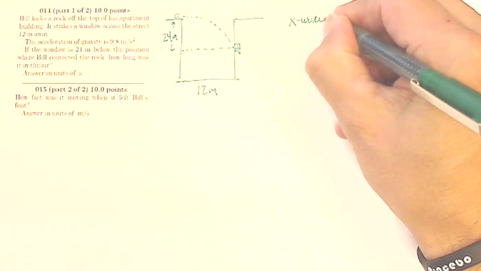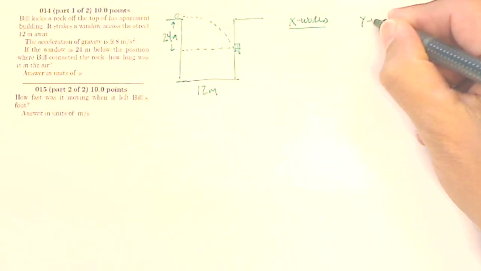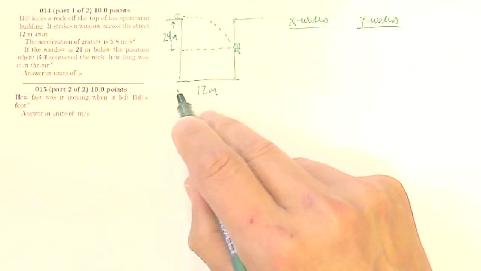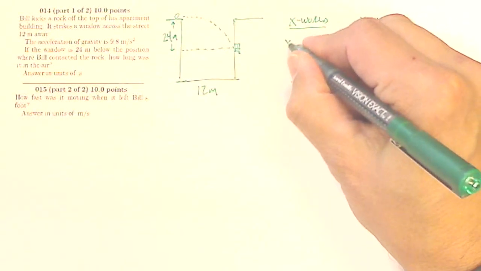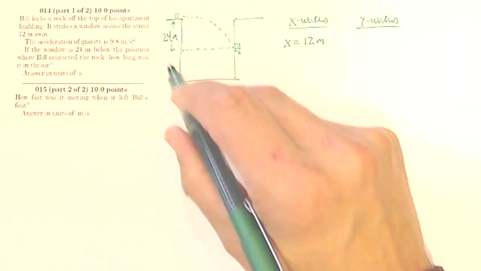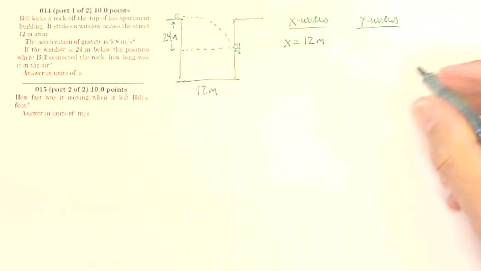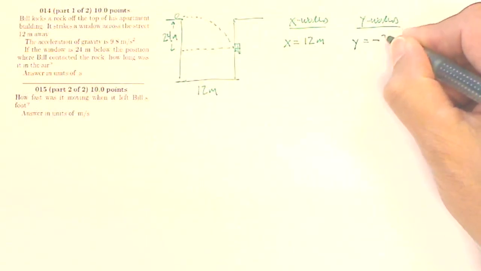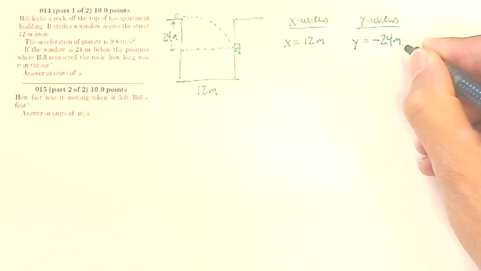X world, Y world. In the X world, I know it travels 12 meters. So I know that my displacement is going to be 12 meters. In the Y world, I know its displacement falls down 24 meters. So in the Y world, the displacement is going to be negative 24 meters because it falls down.